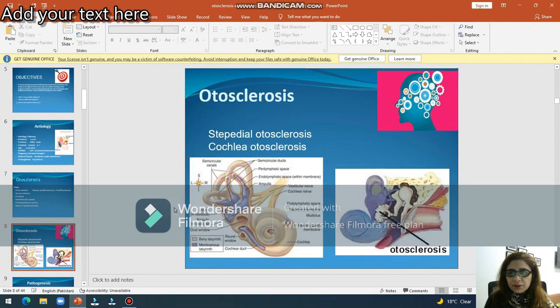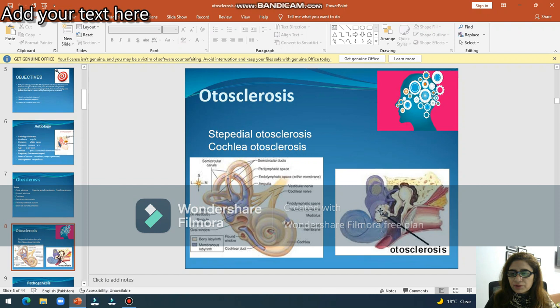So it is as the name indicates. The name otosclerosis means sclerosed bone, but it is not sclerosed bone. It is spongy bone. So recall the anatomy again. This is the footplate of stapes, and it is involved by otosclerosis, and mature bone is converted into immature bone.